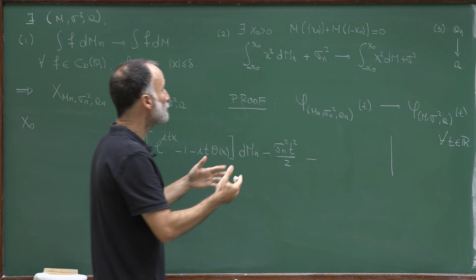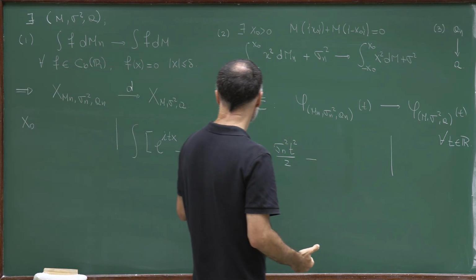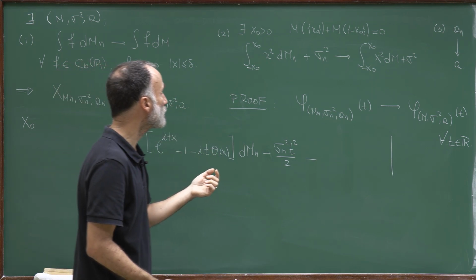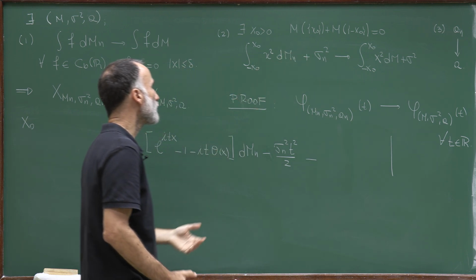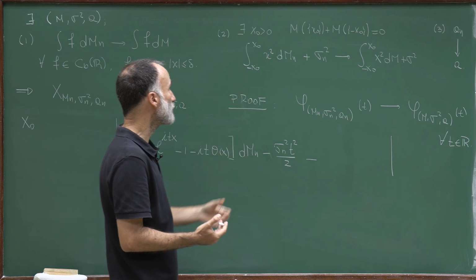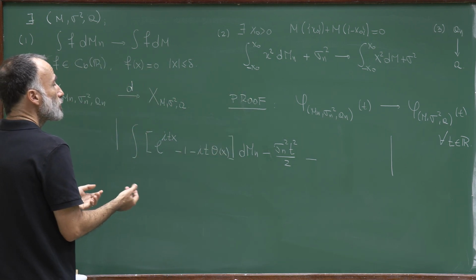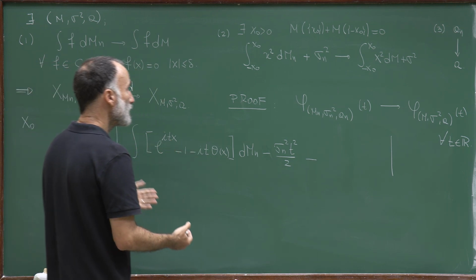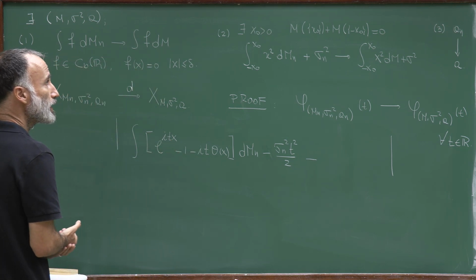And since m is a finite measure, if I remove a small interval around the origin, you see that there are at most a countable number of points in which the function m is discontinuous. So the number of points in which there is a positive mass at x is countable.